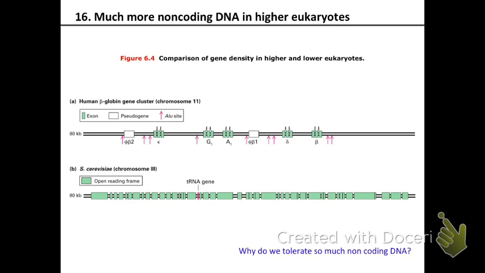All right, here's another question. Let's do some thought experiments. Why do we tolerate so much non-coding DNA? The smaller organisms like yeast and bacteria pack up their genes. In fact, in bacteria, some genes are overlapping. One gene is transcribed in one direction, the other gene is transcribed in another direction.